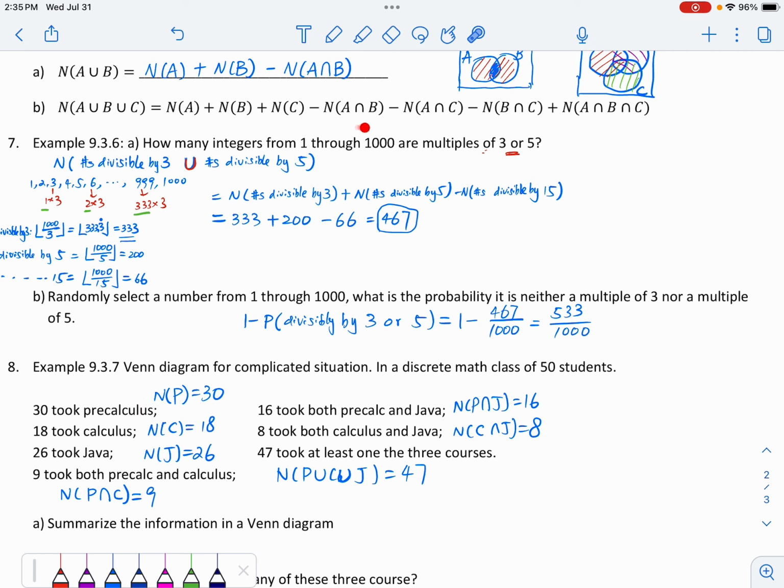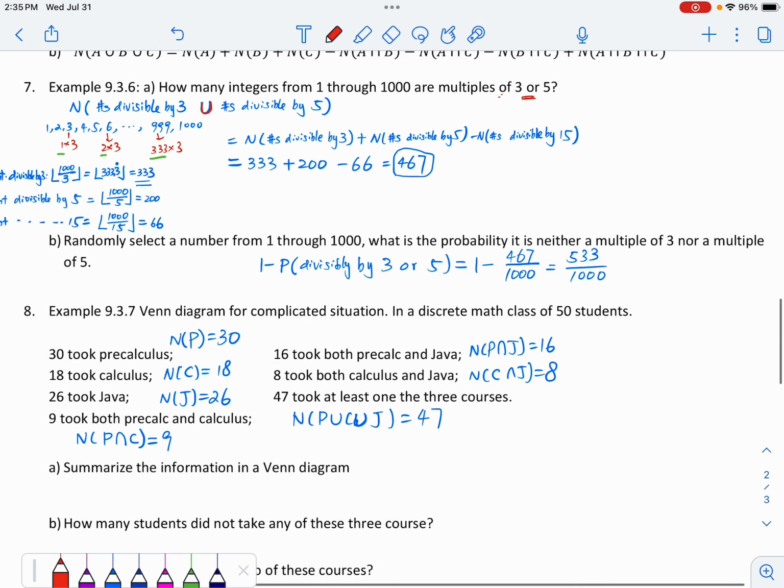And we do have the intersection of each pair. All those are known. So using this formula, we are able to find the intersection of these three sets, which means we can find the number of students who took all three courses.